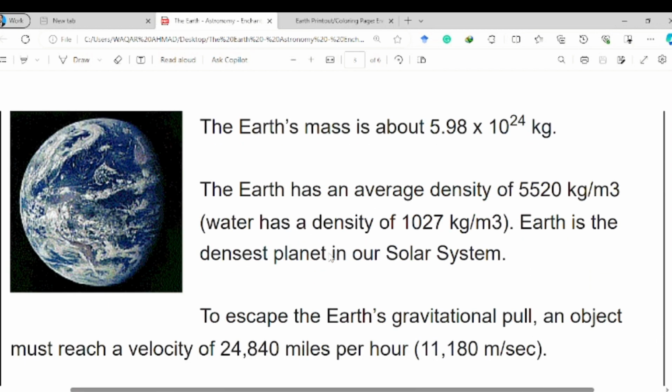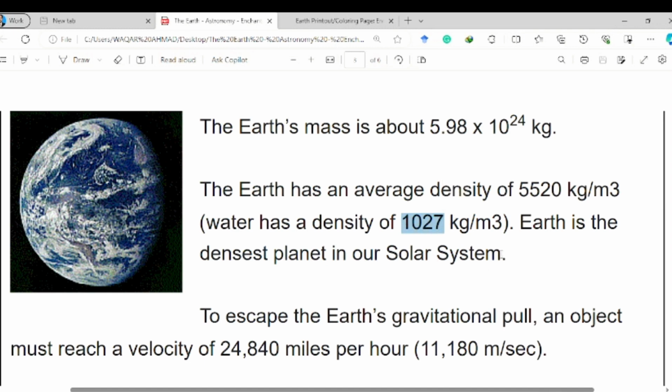The Earth has an average density of 5,520 kilograms per cubic meter. Water has a density of comparatively 1,027 kilograms per cubic meter. Earth is the densest planet in our solar system.